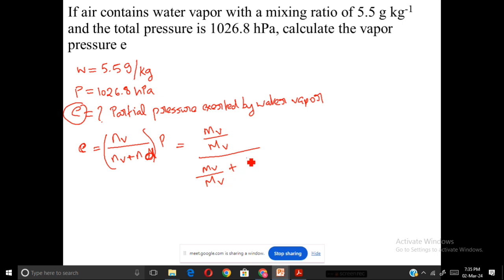Same thing, ND will be the mass of dry air divided by the molecular weight of dry air. The number of moles can be represented in mass in gram and molecular weight like this.